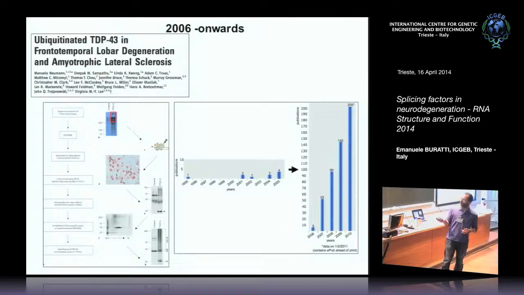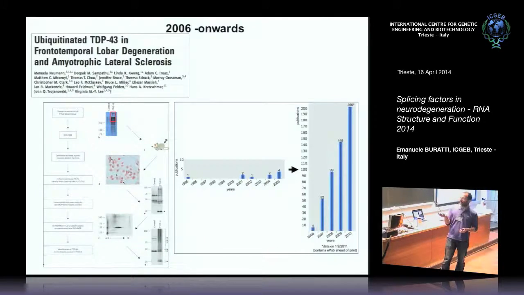So a completely unknown protein, almost unknown at the time, because you see that until 2005, there were very few references to this protein in the literature, and most of these references come from Tito's lab. I was actually the one who kind of revived Tdp-43 in 2001 when I found that it was behaving as a splicing factor.